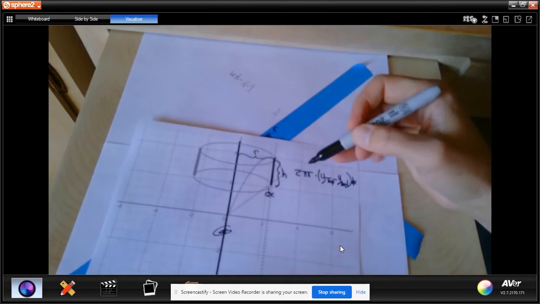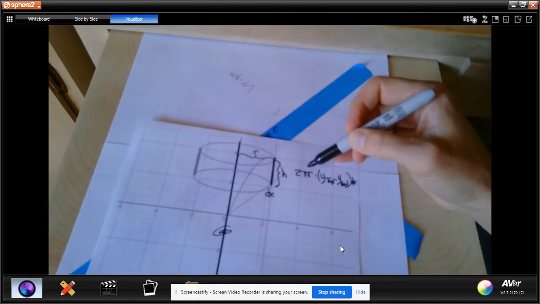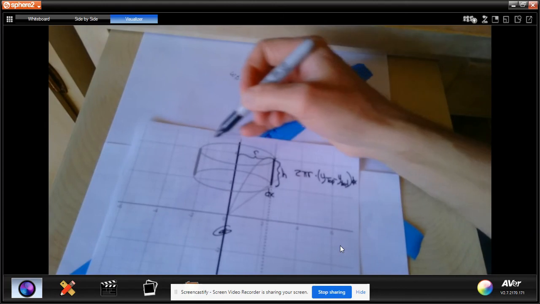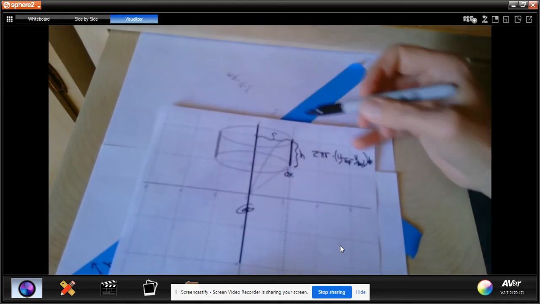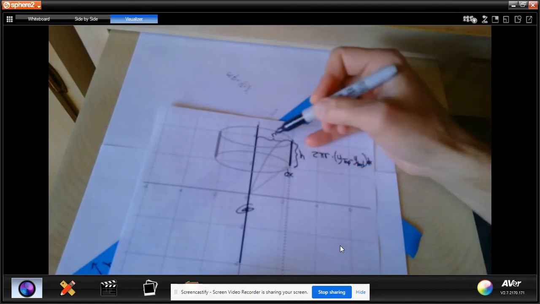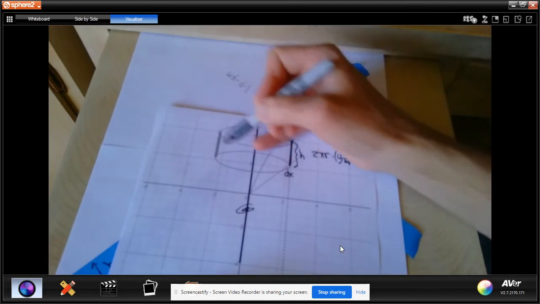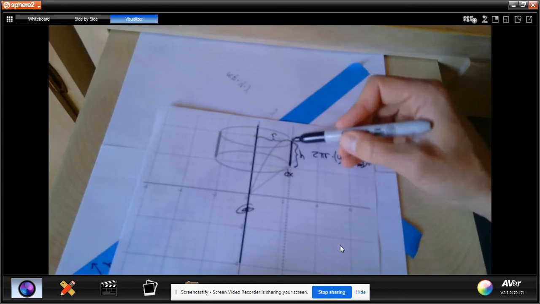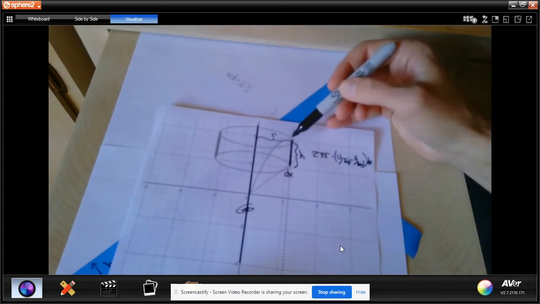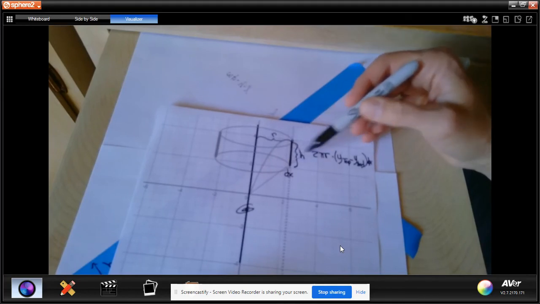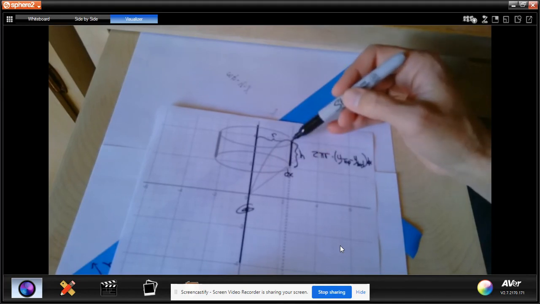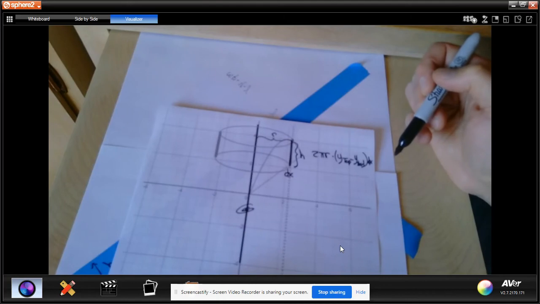That would lay out into a rectangle just like this strip of tape down here that is 2 times pi times r long. It has height represented by a difference between the y values of these two functions. So the top y value minus the bottom y value, a bigger number minus a smaller, should give me a positive number.